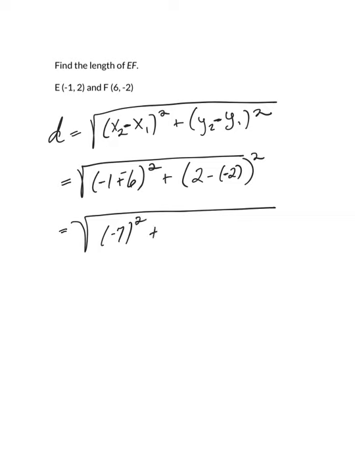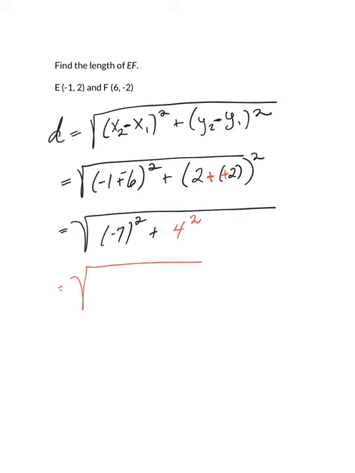And just to color code things a little bit, when I have 2 minus a negative 2, I need to add the opposite, or keep, change, flip. So 2 minus a negative 2 becomes 2 plus 2, which is 4 squared.